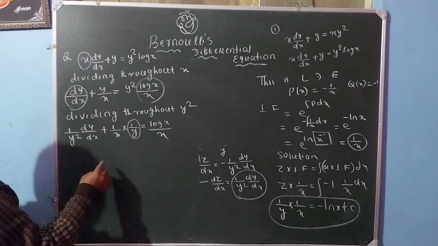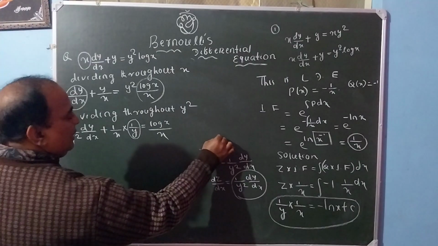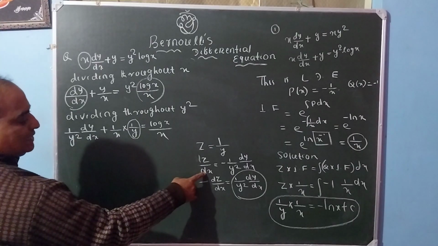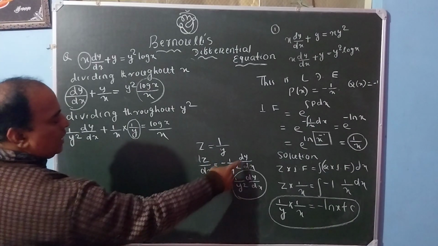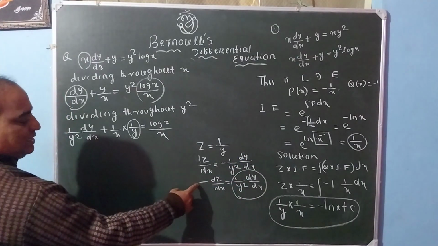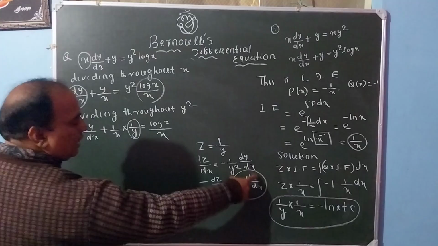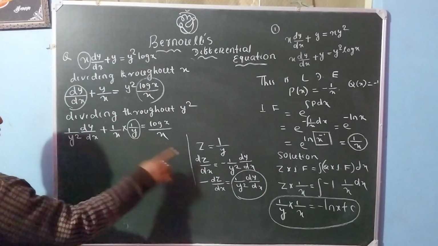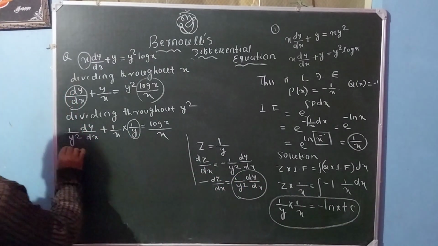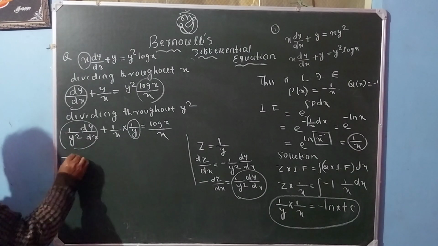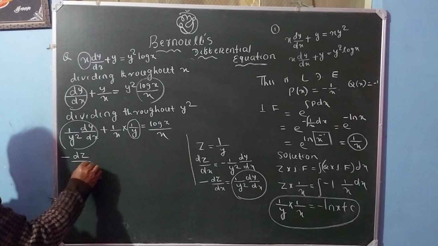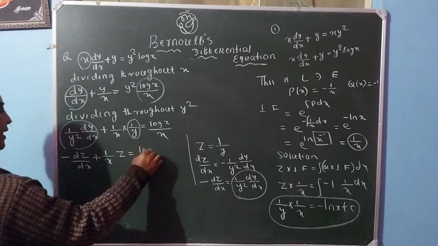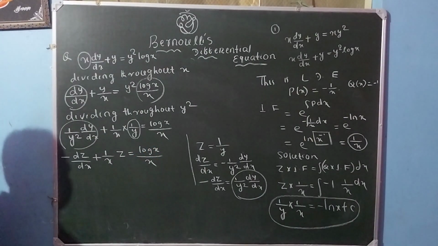Write down 1 by y is equal to z. So dz/dx is minus 1 by y square dy/dx, that is, minus dz/dx is 1 by y square dy/dx. Now in place of 1 by y square dy/dx, we put minus dz/dx. So minus dz/dx plus 1 by x into z is equal to log x by x.